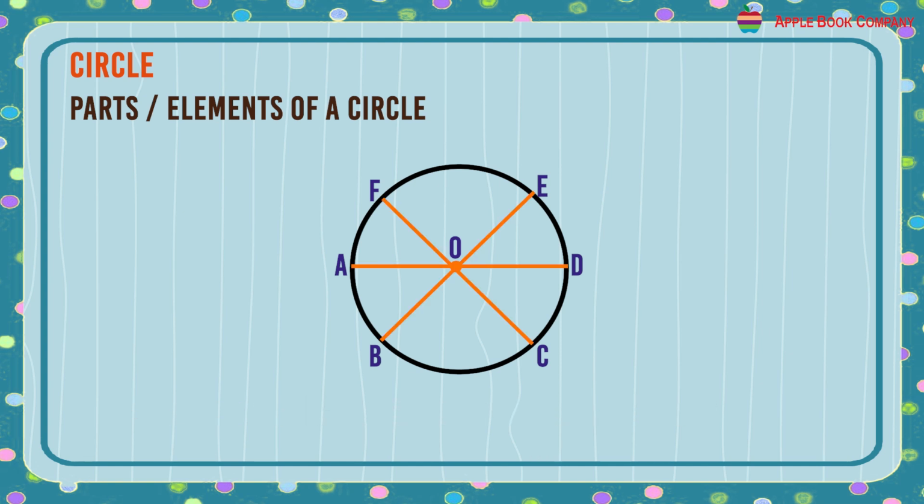A line segment joining the center to any point on a circle is called its radius. We can see AO, OD are in a straight line. The line segment AOD is the diameter of the circle. A line segment passing through the center of a circle with its end points on the circle is called a diameter.